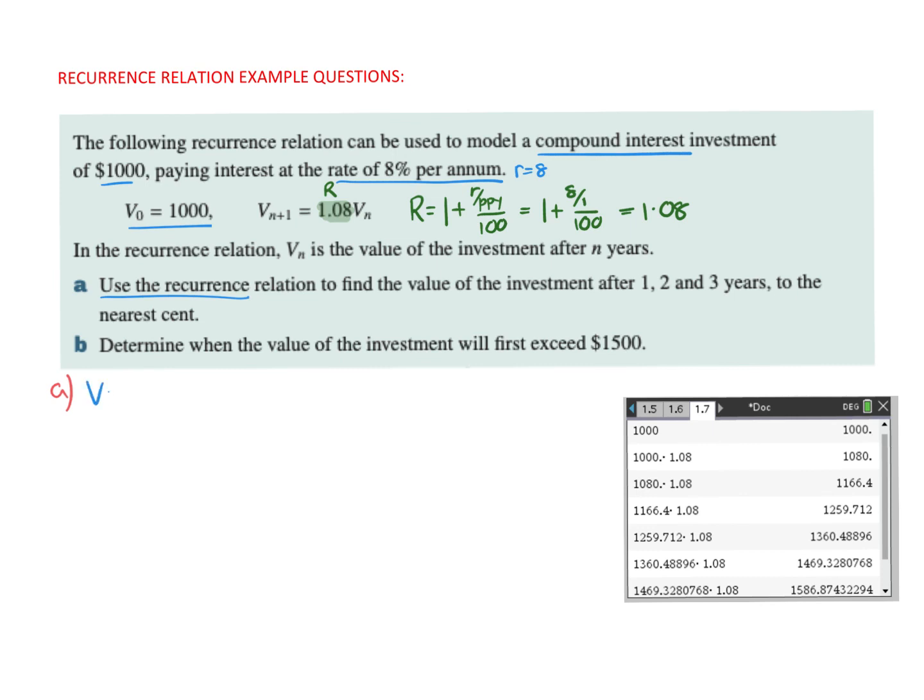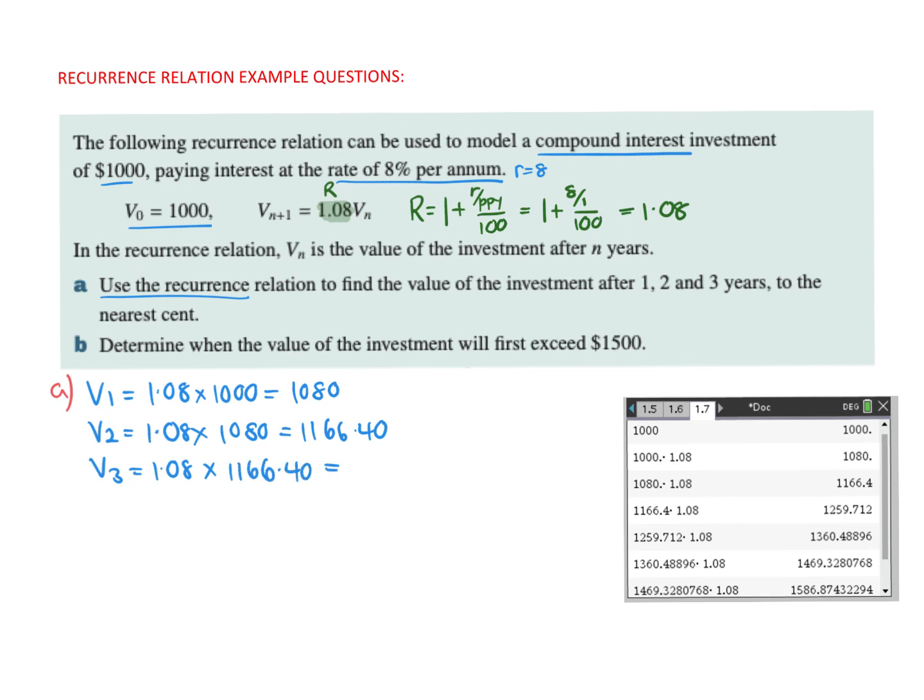So for me, V1 would be 1.08 times the one before, which was 1,000, and then you get 1,080. Then you have to show that V2 is 1.08 times the one before, which was 1,080, and then you get 1166.40. And then you get V3. We have to show the 1.08 times the one before.